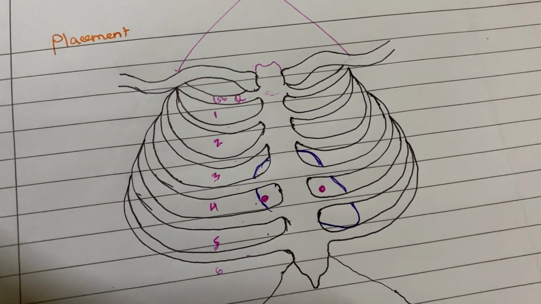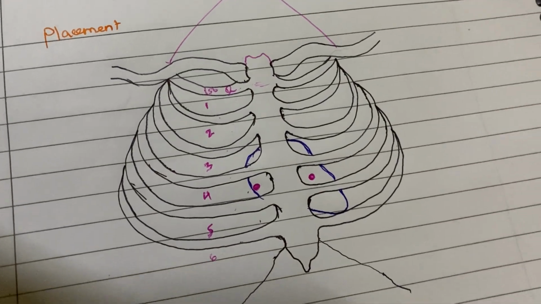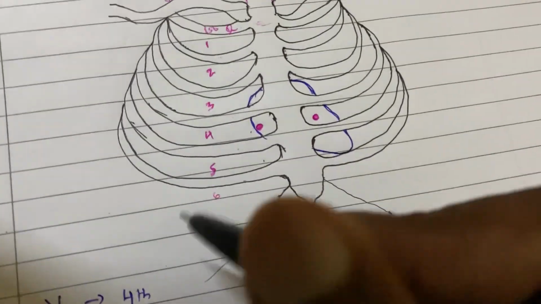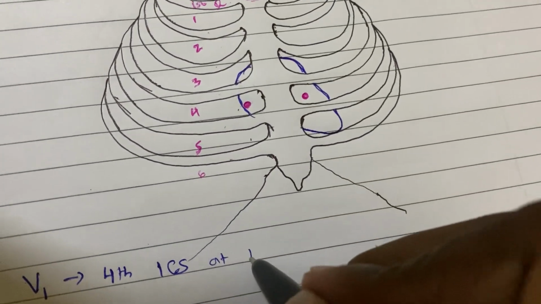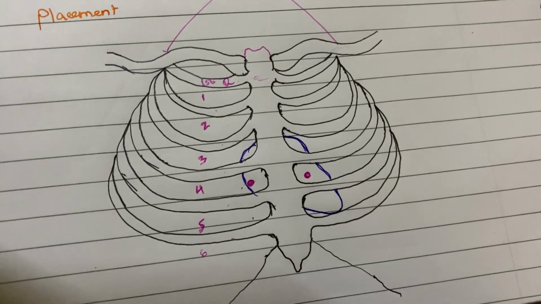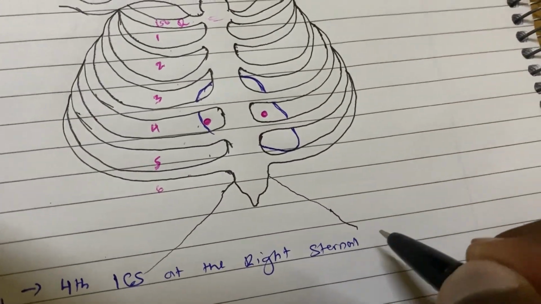That is V1. V1 is going to be put at the fourth intercostal space at the right sternal border.